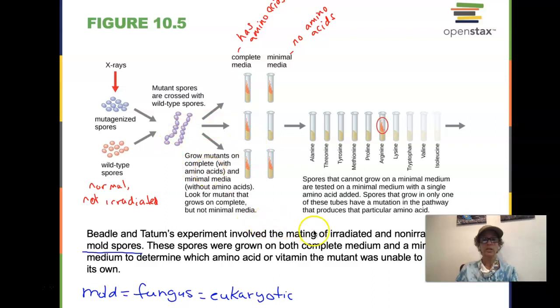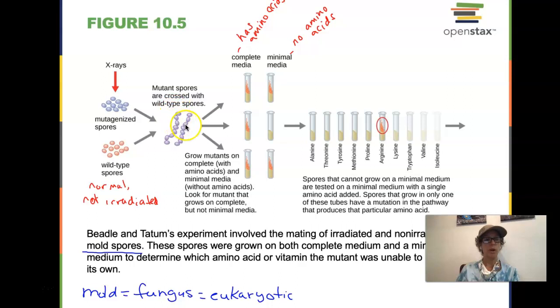Looking at it in fungi, Beadle and Tatum looked at irradiated, so the DNA is damaged, and non-irradiated mold spores. If you allow those to mate, you're going to get some hybrid spores.